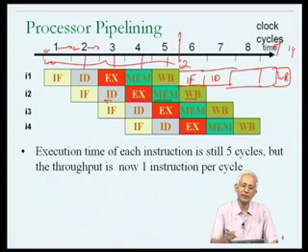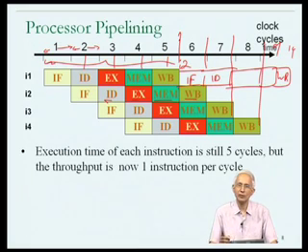Instruction 1 completes in cycle 5, instruction 2 completes in cycle 6, instruction 3 completes in cycle 7, and so on. In other words, even though it takes 5 cycles for any one instruction to execute, every cycle an instruction seems to be completing in this diagram, and therefore the throughput, or the rate at which instructions execute, is 1 instruction per cycle, or 1 cycle per instruction using our CPI notation.